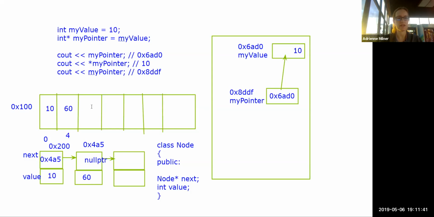Whatever's in 60 has to move to the next location. Whatever's in that location needs to move, and it just cascades all the way down to the end of the array. And that can be quite expensive to do for an insertion. In the case of our list, the insertion is very cheap.